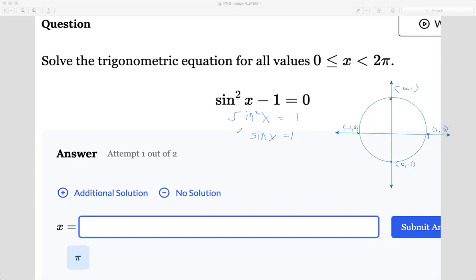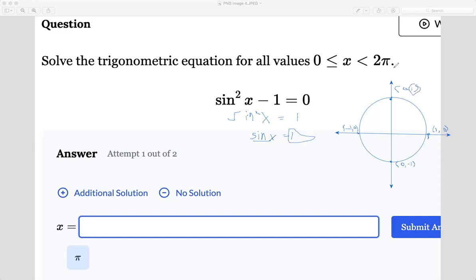Now, why do this? It is because we want to find out what the sine is. Now, the sine is always the y coordinate. If you get mixed up with this, always remember alphabetically: cosine is x, sine is y. So sine being 1 will be the y coordinate of 1. That only happens in one place over here.